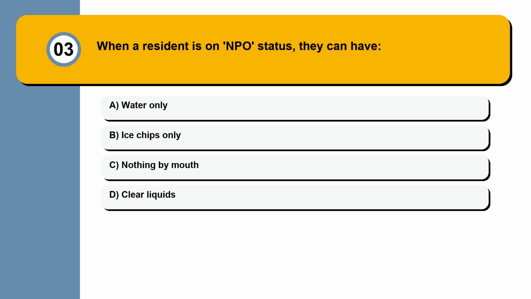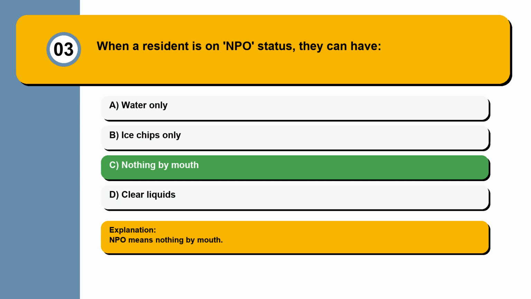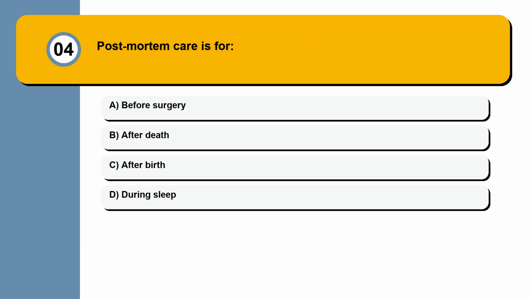Question 3. When a resident is on NPO status, they can have water only, ice chips only, nothing by mouth, clear liquids. NPO means nothing by mouth. Question 4. Post-mortem care is for before surgery, after death, after birth, during sleep.